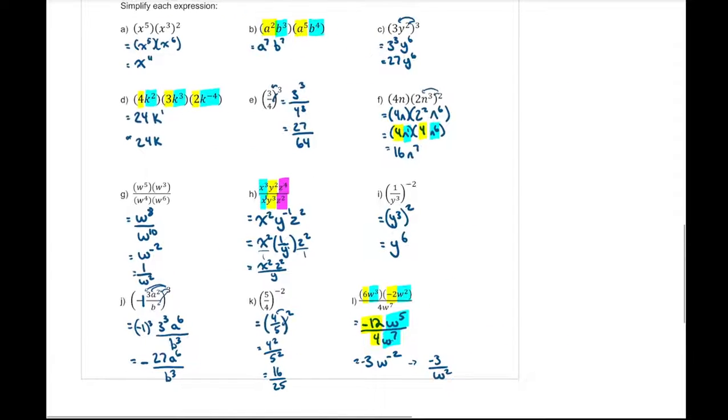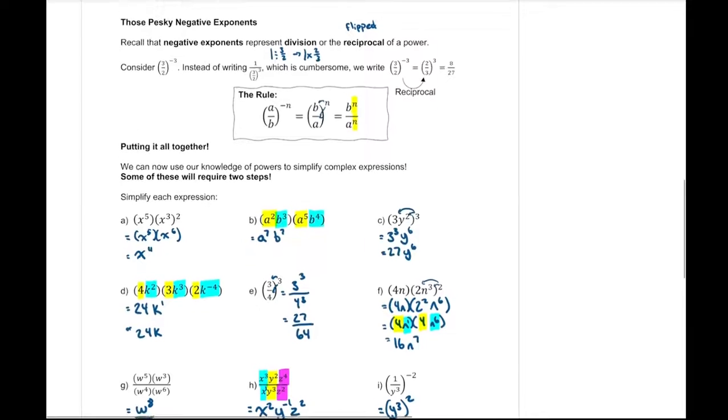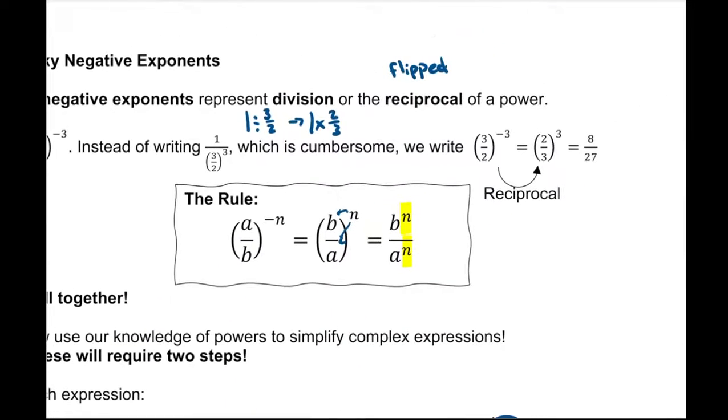So in this lesson, again, we're using the same power laws that we've dealt with in the past. We've added in a scenario where we have a fraction with a negative exponent, as well as what happens when we have multiple things inside the bracket and it's all set to a certain power. Basically it just means that that exponent gets attached to everything inside the bracket.